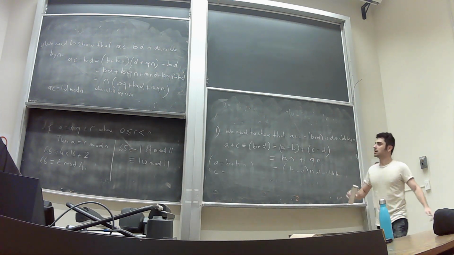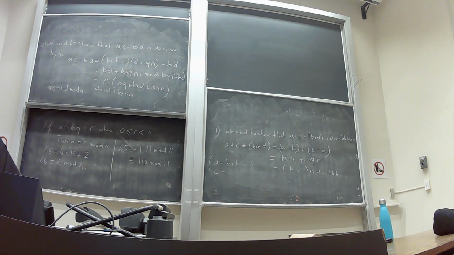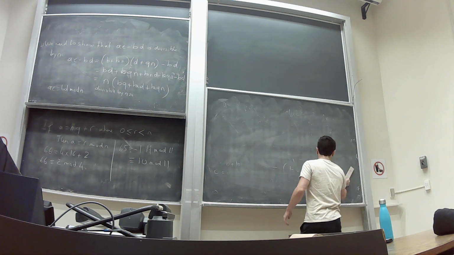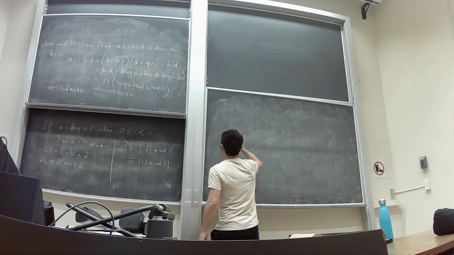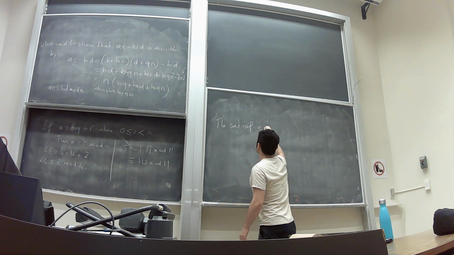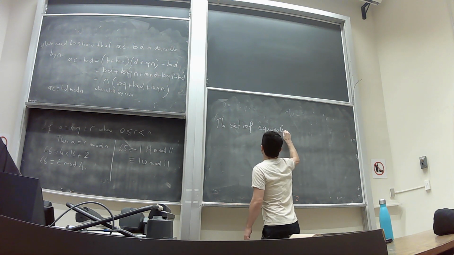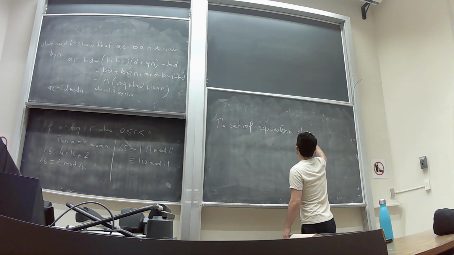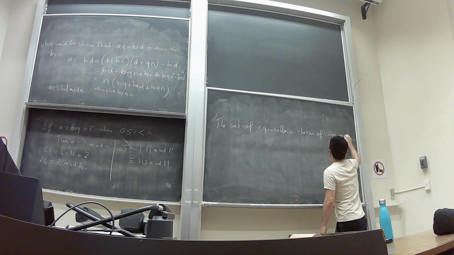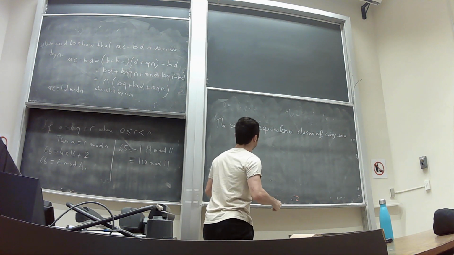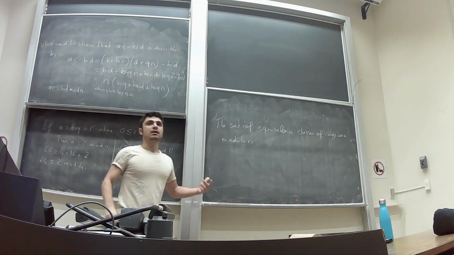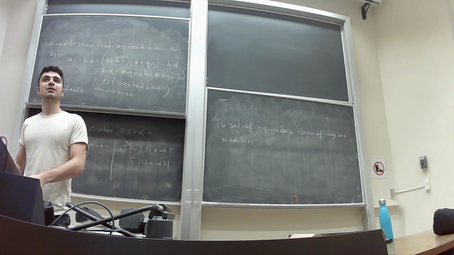Now, why are we doing this? The thing is, the set of equivalence classes, of congruence classes we call them, of congruence modulo n is a set with how many elements?